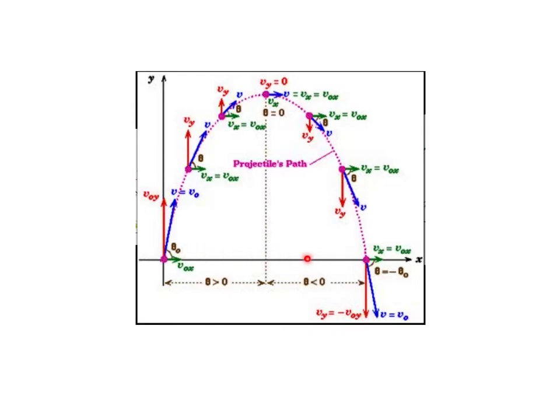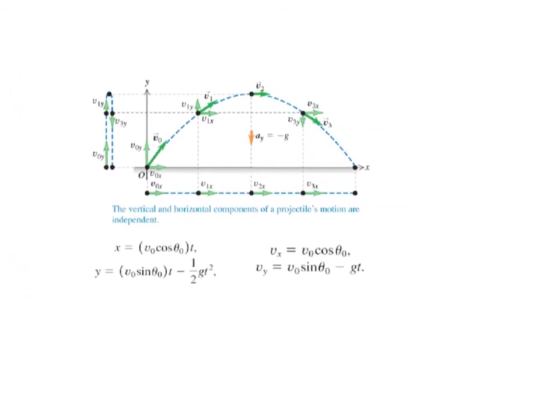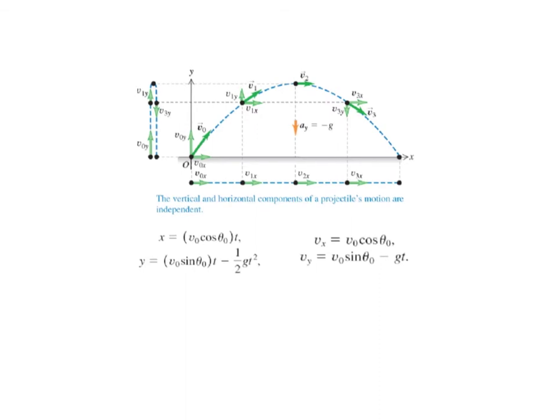So when it lands, or when it ends up at the exact same height that it was launched, its final velocity will be exactly equal but opposite in direction. And that is actually going to be the case at each of these heights as well. We'll learn when we do the equations of motion why that works exactly. Speaking of the equations of motion, this is the same thing.